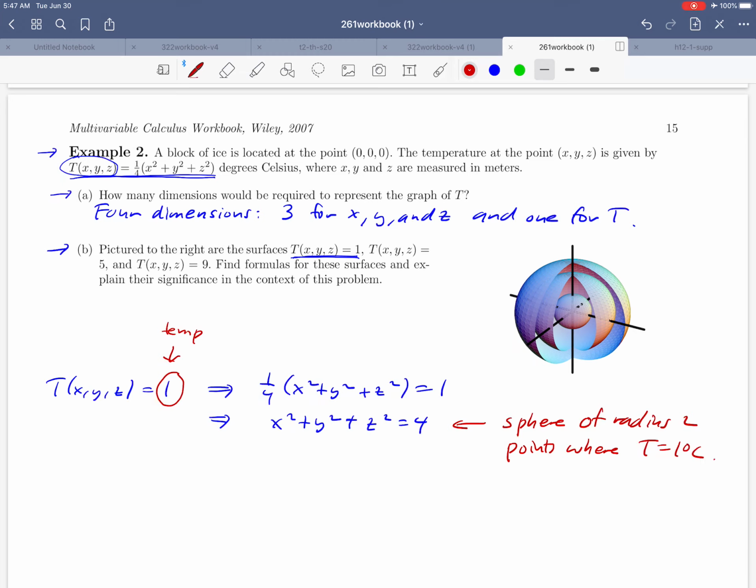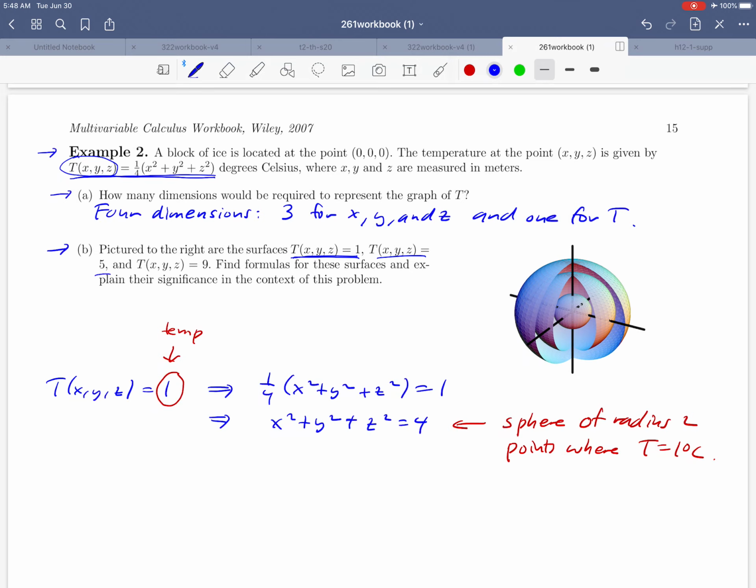Okay, so we're sitting at a particular distance away from the ice block that's at the origin, and this is just telling us that we're getting a temperature of 1 degree Celsius at every point on this sphere. Okay, and let's move on and do the other ones.